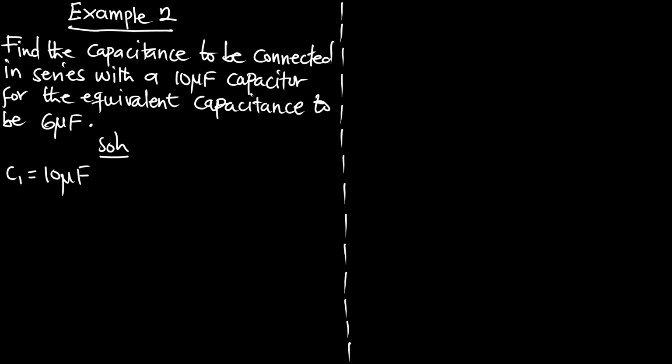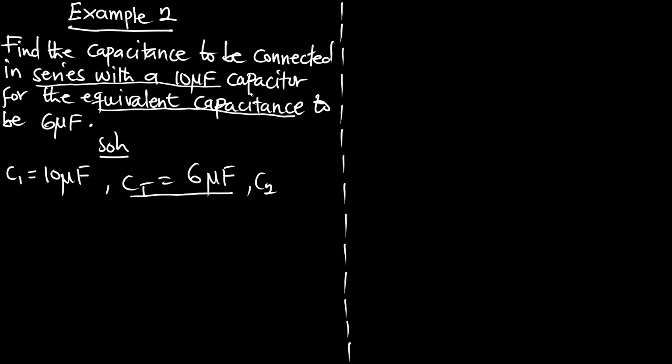We also have the equivalent capacitance, the total, to be 6 microfarad. Now we are looking for a second capacitor which, if connected in series with the 10 microfarad, will give us this total capacitance. So the second capacitor, C2, we don't know.